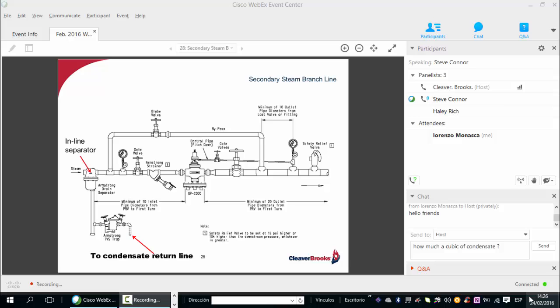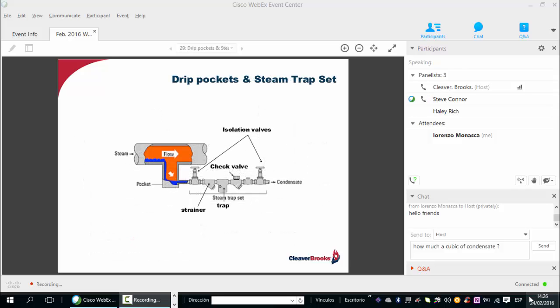Now, here's a piping diagram showing you where the separator is typically placed in the steam supply line and how the liquid and condensate flow to the return line downstream of the trap, as indicated with that lower red arrow saying to condensate return line. The other thing we need to concern ourselves with in referring back to the steam line is the placement of adequately sized drip pockets to capture the condensate as it forms in the header.